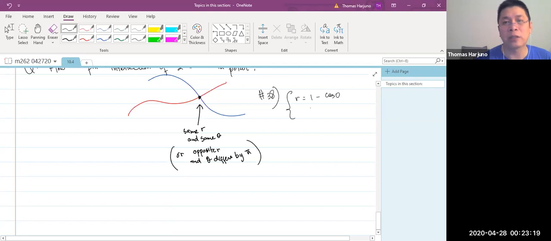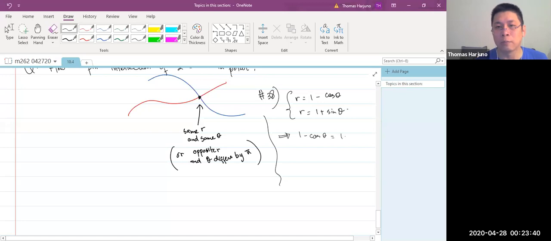The best way is actually still graphing them. The best way is still to take a look at the graph. So for example, we have this case number 38. They should have the same radius: 1 minus cosine theta equals 1 plus sine theta.